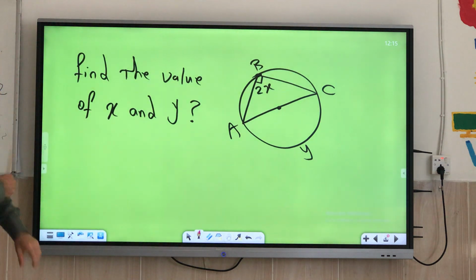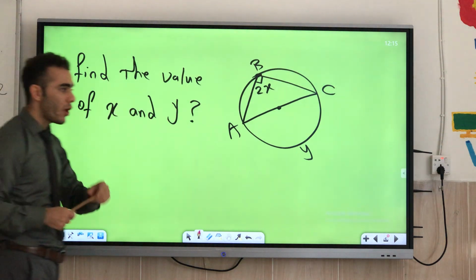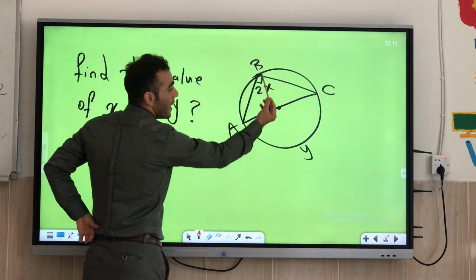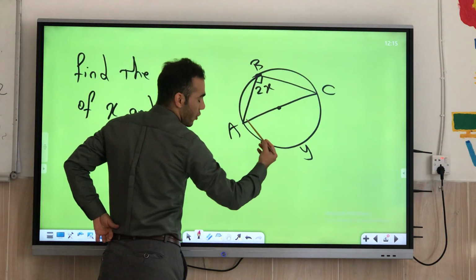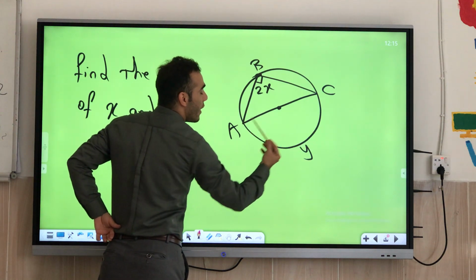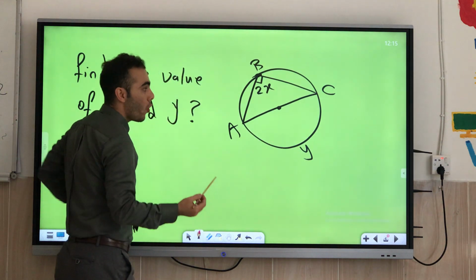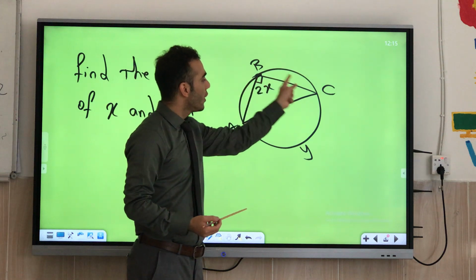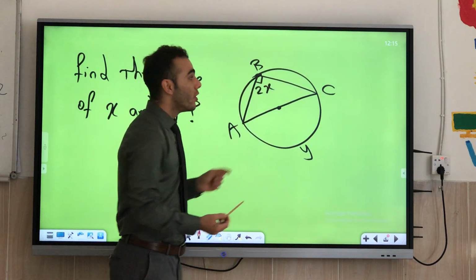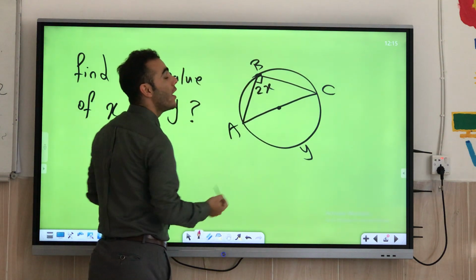Here we have an interesting example, which asks us to find the value of x and y. As you can see, guys, the chord made a diameter, so the arc is exactly a semicircle, and the angle is going to be half of it.